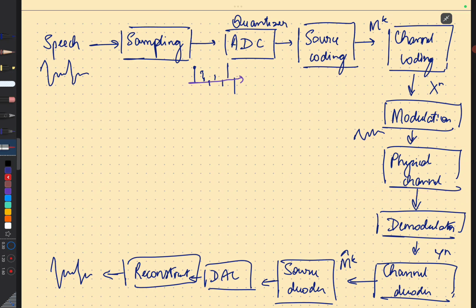But more generally, what we will do is we will combine all of these blocks together and call this something like a logical channel.